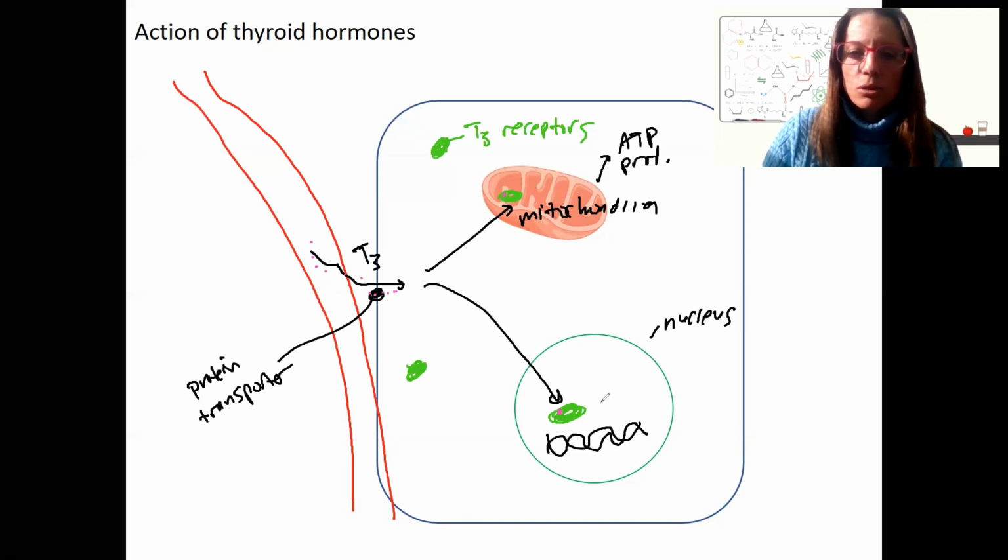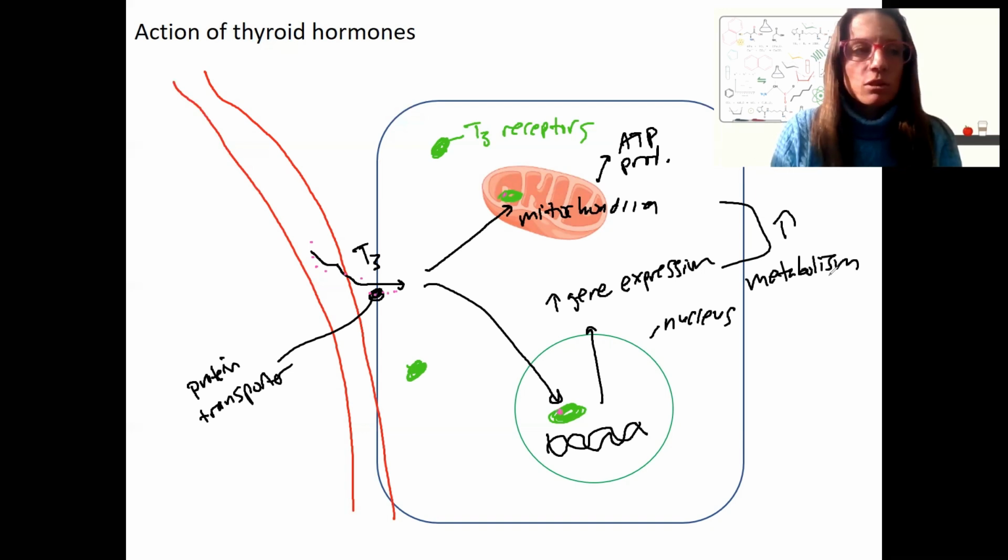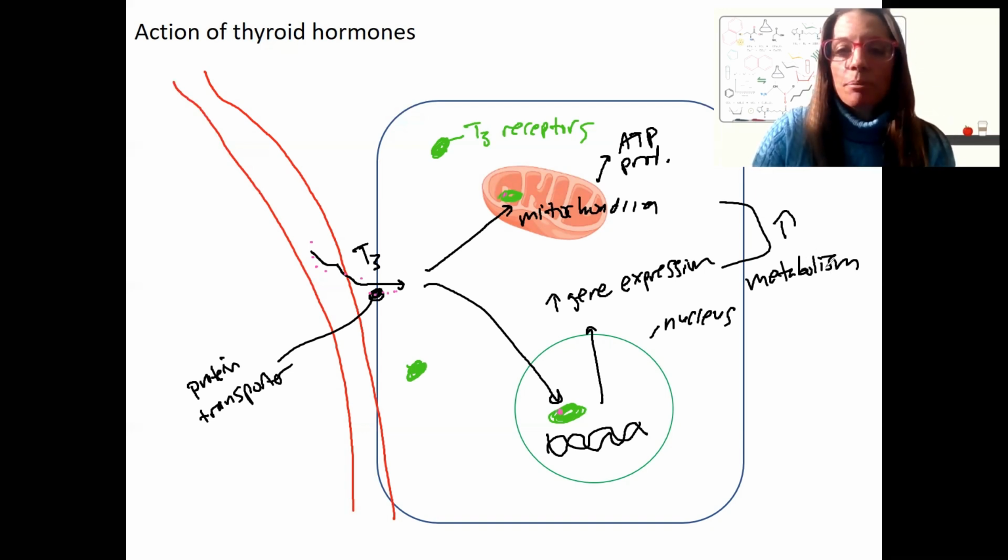It could be to increase gene expression, probably of metabolic proteins. The result of all this is increased metabolism. And it's going to warm up your body. And that's through mitochondrial effects as well as changes in gene expression.